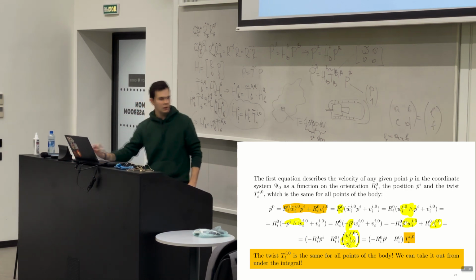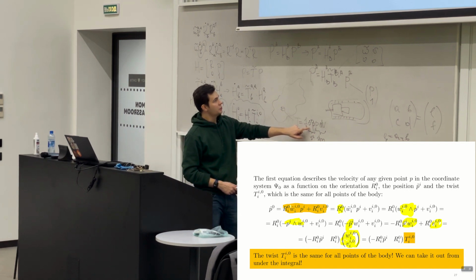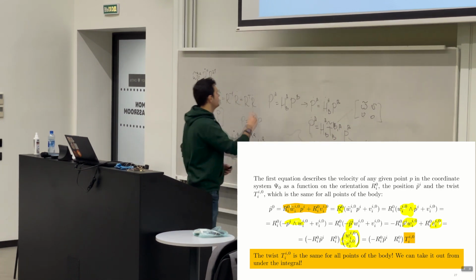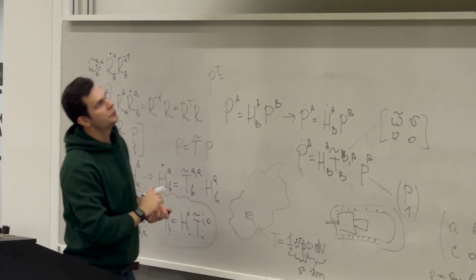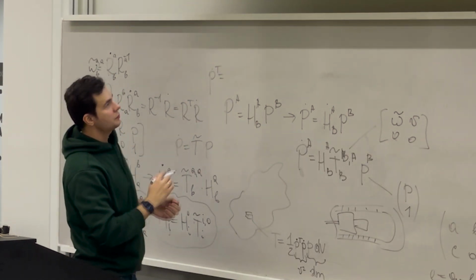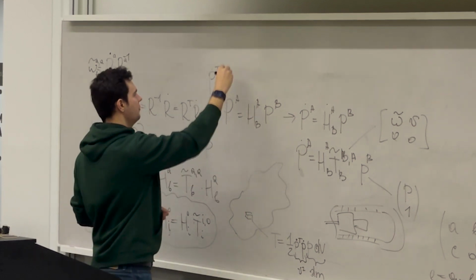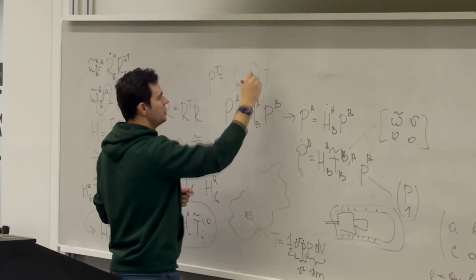So, it will be P dot, and we need P dot transpose. So P dot transpose will be, what do we have? We have some component times twist, right?